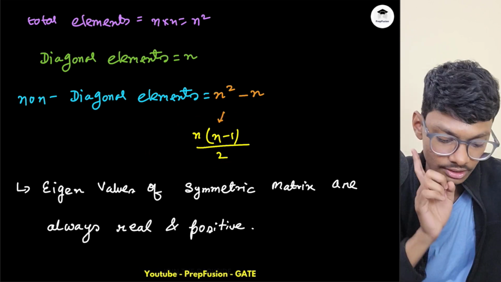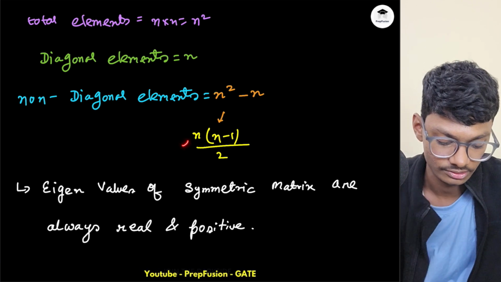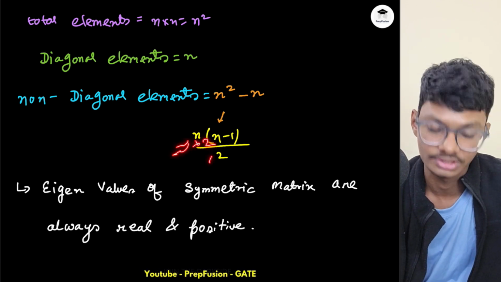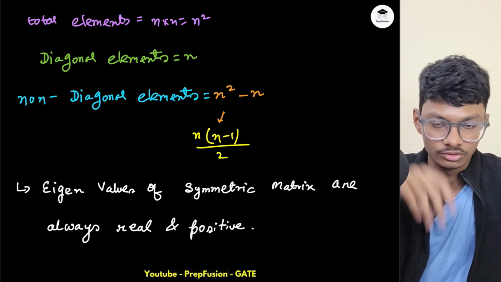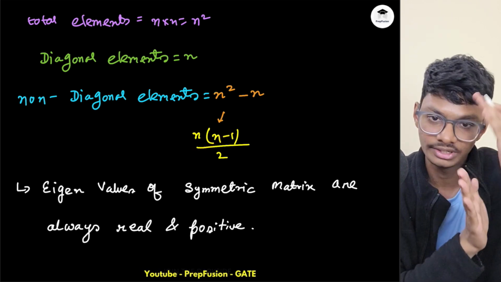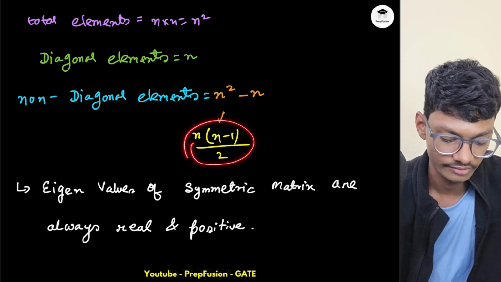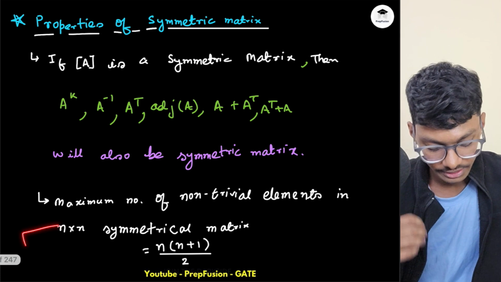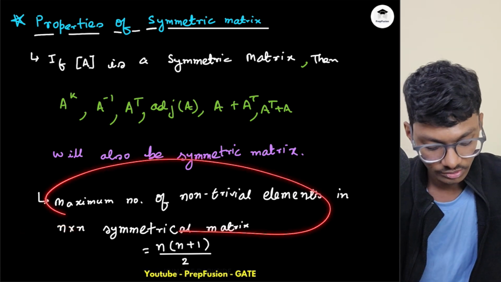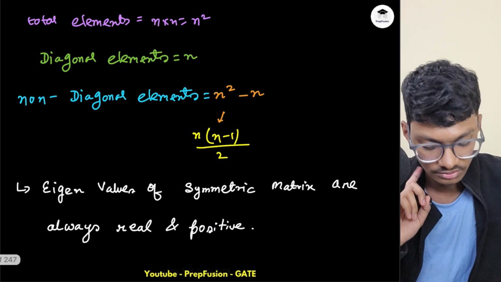Put n equals 3, what do you get? 3 into 2 divided by 2, which is 3 itself. So three elements are above the principal diagonal and three below, which is correct. Simply it is dividing into half. So now they are asking us about the maximum number of non-trivial elements. What can be the maximum number of non-trivial elements?